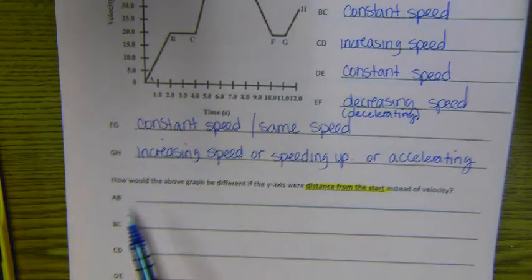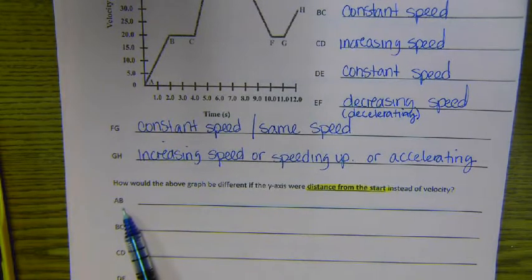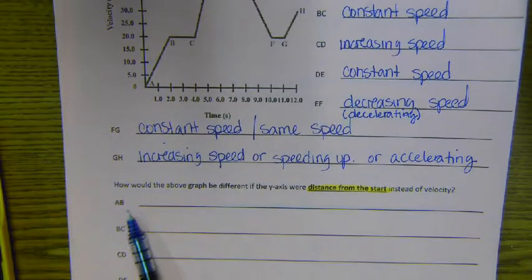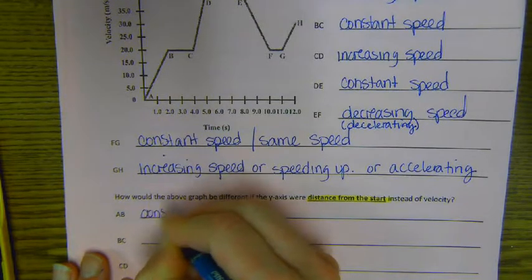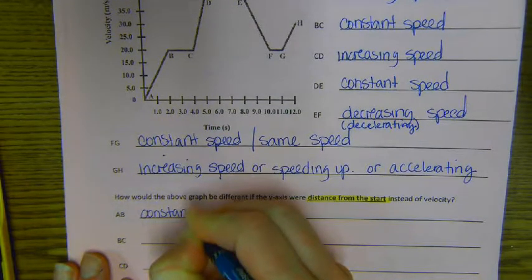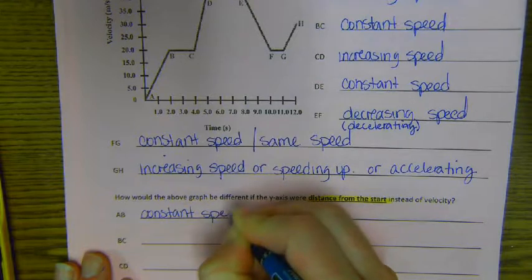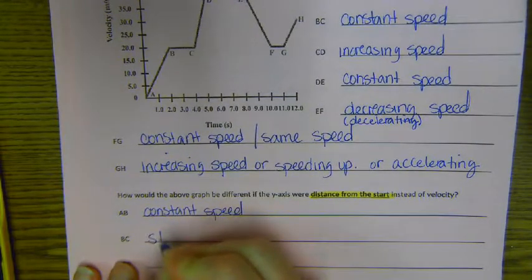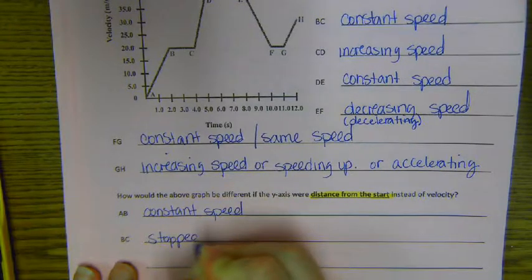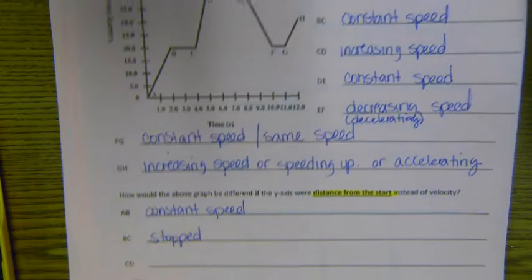Mariceli. So AB would be constant speed. BC would be stopped. CD would be constant speed.